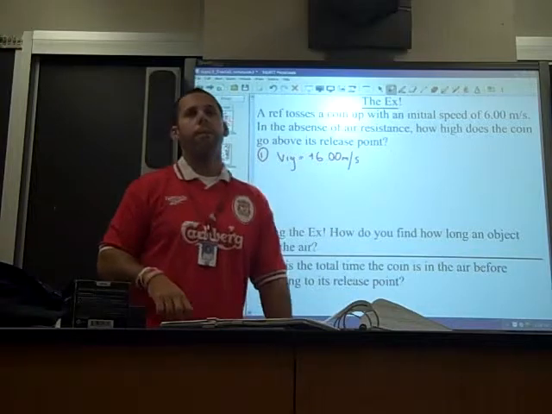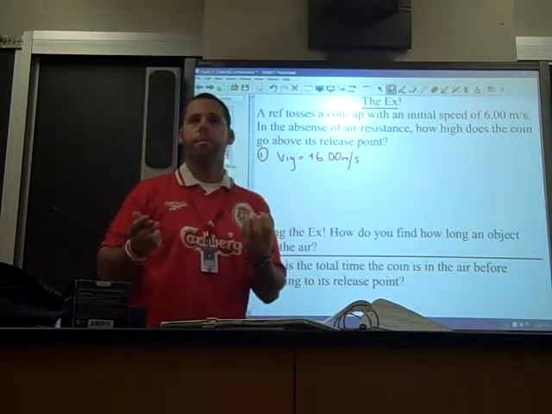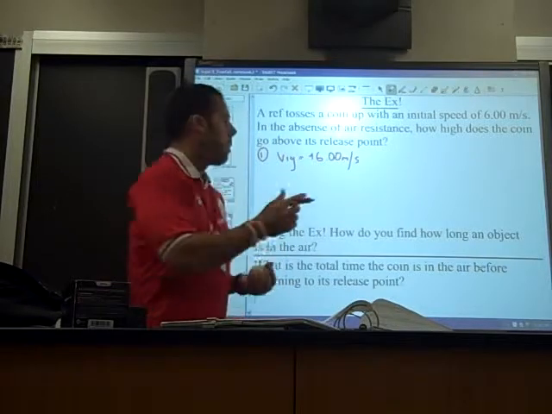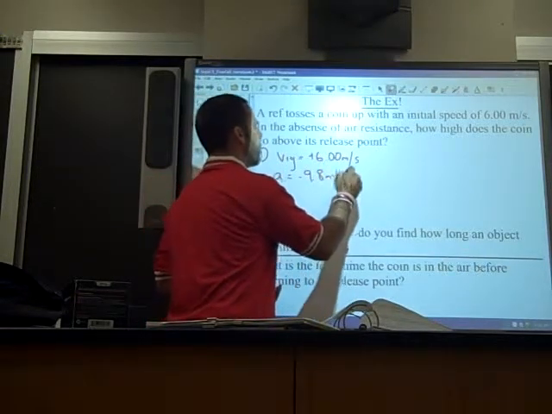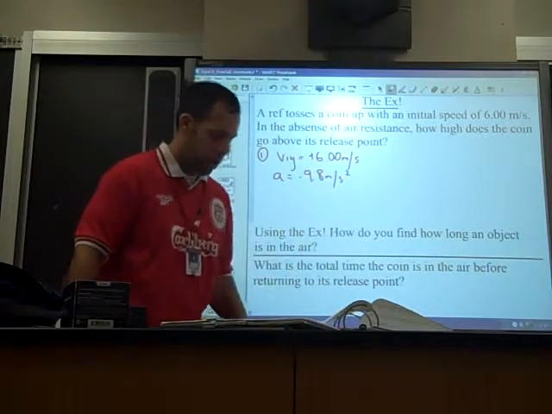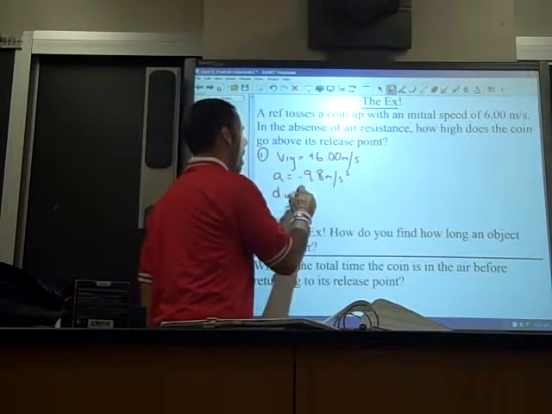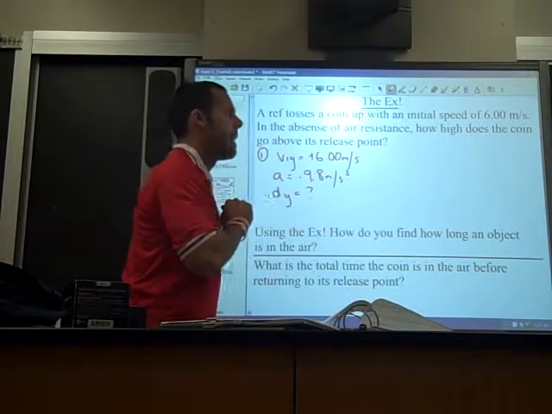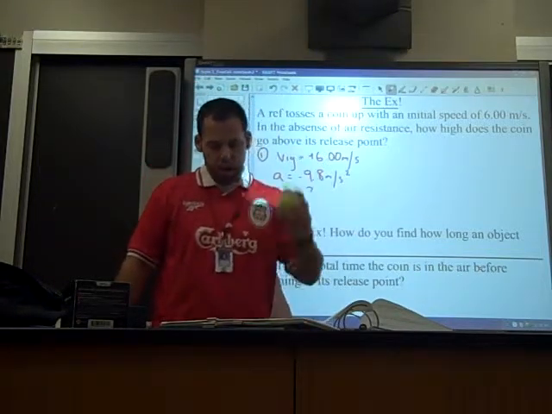What else do I know? Well, I know my a equals negative 9.8 meters per second squared. What am I looking for? We're looking for how high up it goes, so my dy equals question mark. Now, what's the other thing we know? It's implicit.